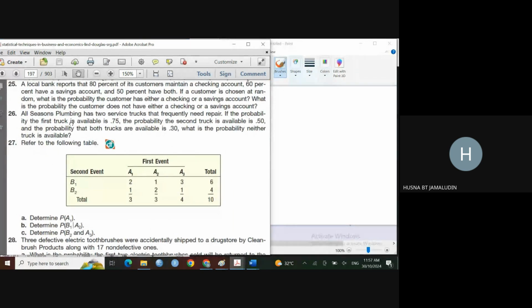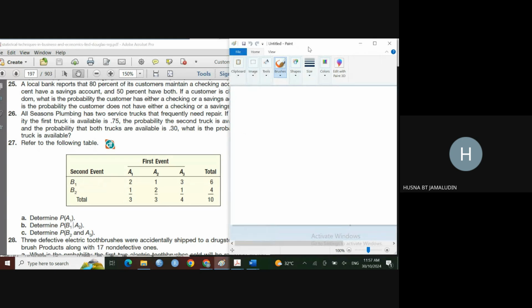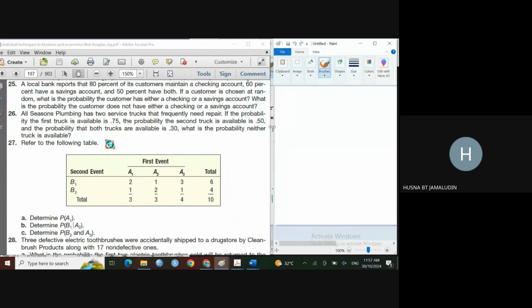A local bank reports that 80% of its customers maintain a checking account. So put it here so that you can see the information given. Checking account, you have 0.8.